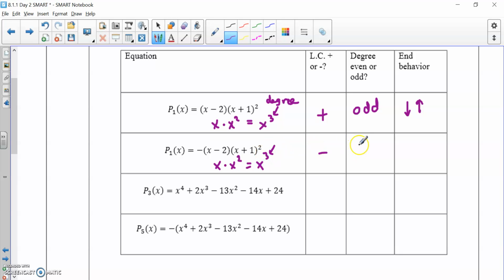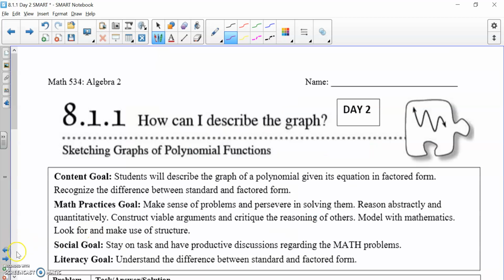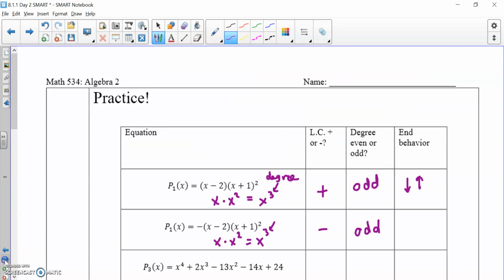So once again, we have a degree of 3, which is odd still. And now that it's a negative odd, we can go back to our table and find that negative odd gives us up, down. And again, to find that on this table, you go to odd and negative, and then find the box where that's the combination. So we will write up, down.